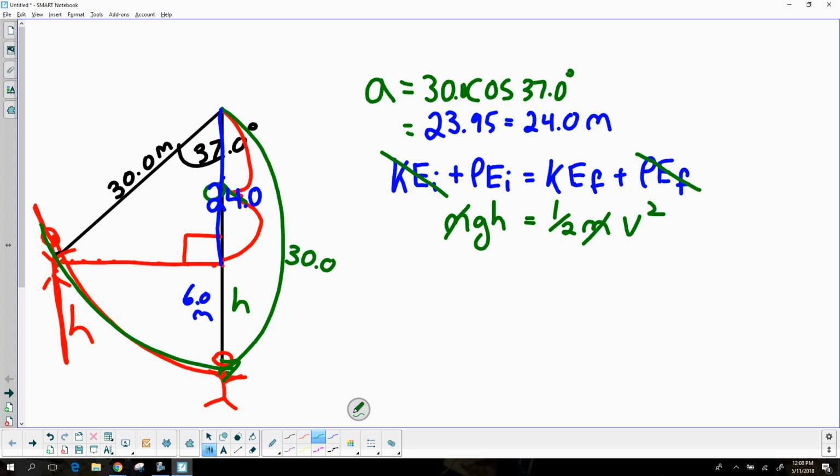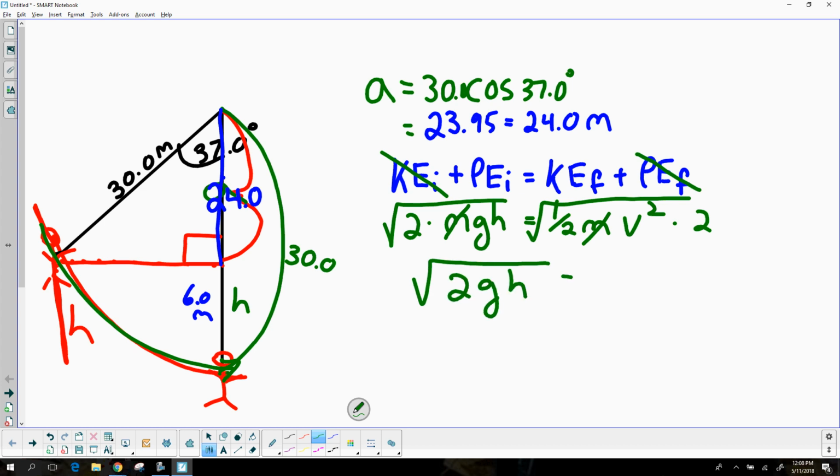And my goal is to find this velocity, so I can multiply both sides by 2 and square root. So I'll end up with the square root of 2gh equals the velocity. Now, that looks a lot like what happens when you find final velocity from UELM number 5.